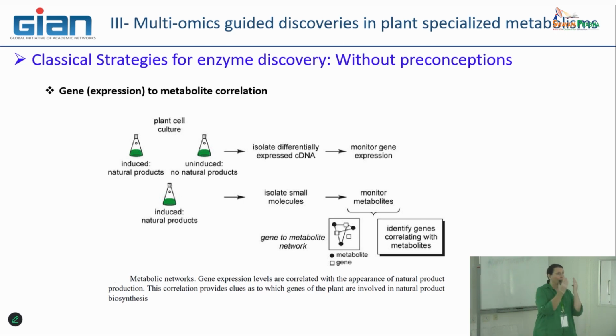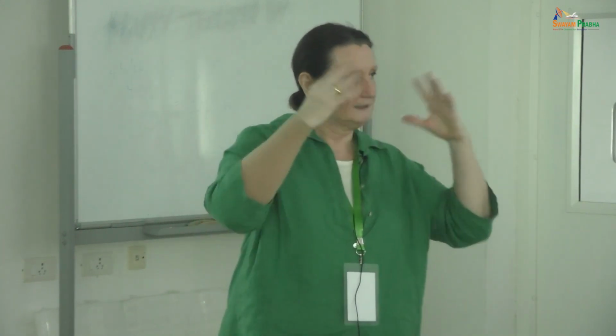You can eliminate all the commonly expressed genes and focus only on the genes that are specifically expressed in one condition or in the second condition, because not only those expressed in the condition making the metabolite are really interesting, but also those that are downregulated in another situation. This is a way to access not only one gene, but several genes of the same metabolic pathway.